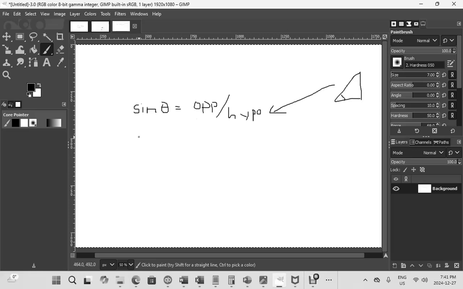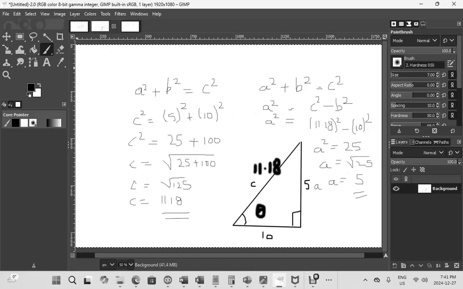Now you want to figure out what sine theta is.